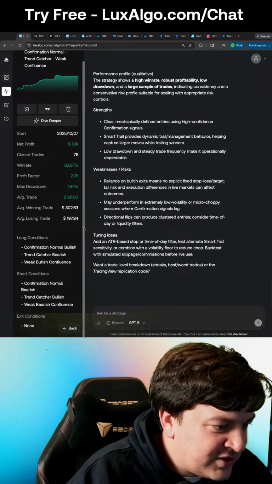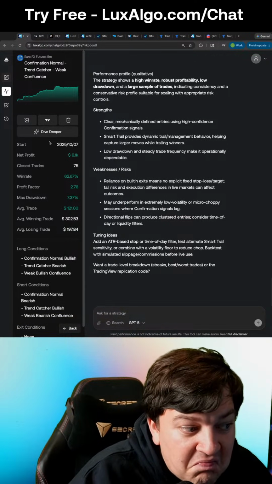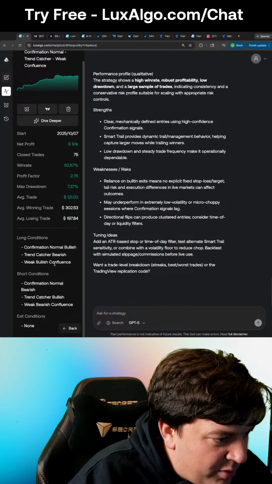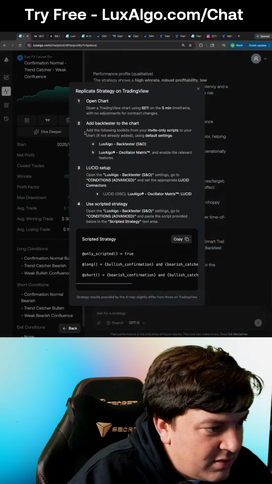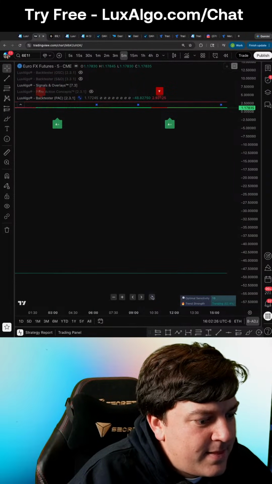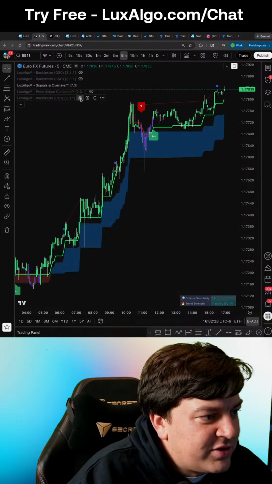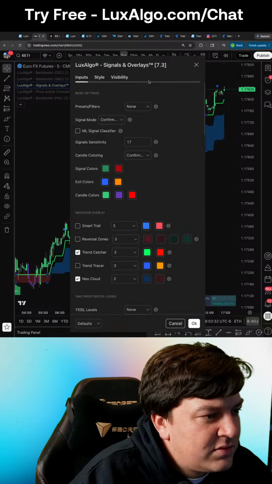Great. In these current markets, the market's shifting. Maybe it was this one. This one uses normal bullish, trend catcher, bearish, weak bullish confluence. Maybe this one, Signals and Overlays, Oscillator Matrix. Let's bring it back to this one. I would always recommend looking at these, especially when the markets are changing. Signals and Overlays.